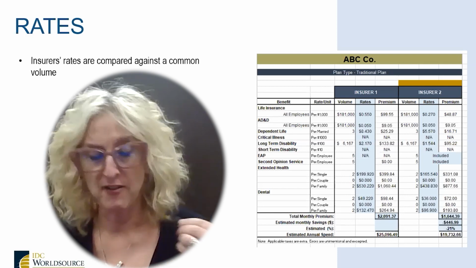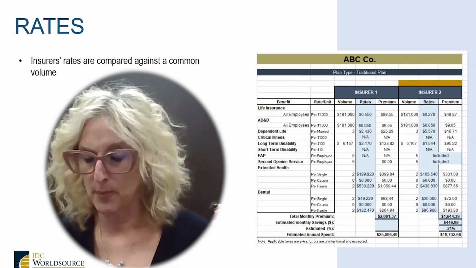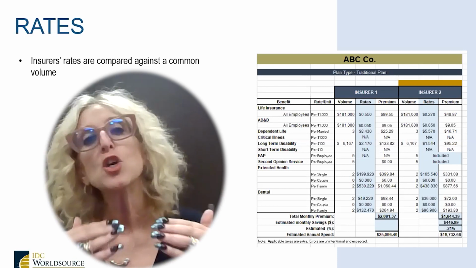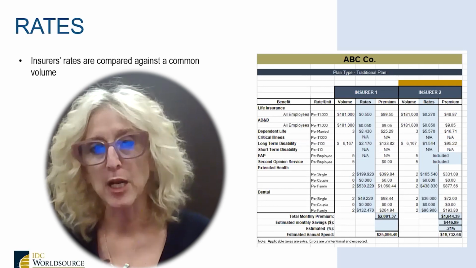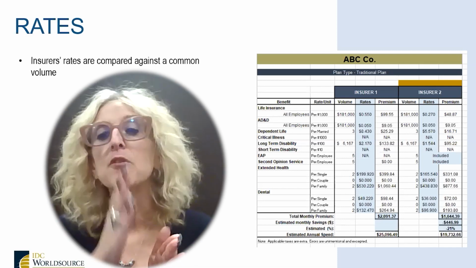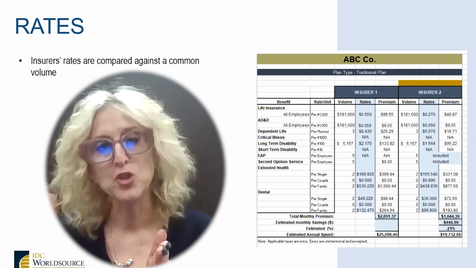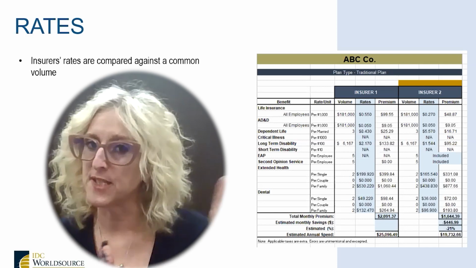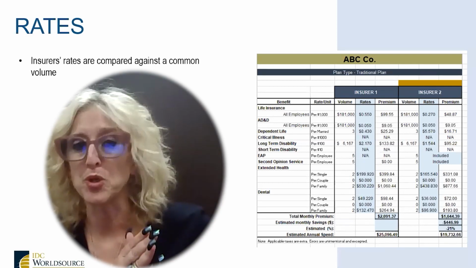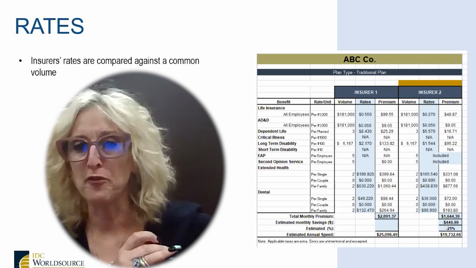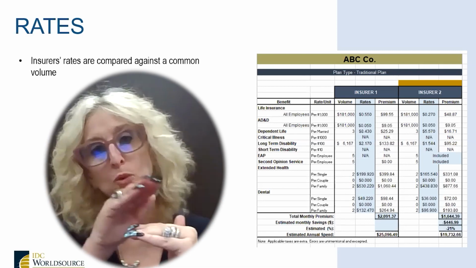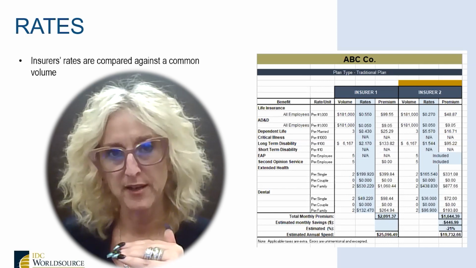We don't want to have, after 16 months, the employer in a frenzy because their renewal went through the roof. So some insurance companies take it upon themselves to work with the client for stability over a certain amount of time. They may offer a 16-month rate guarantee and no more than a 15% renewal cap after the first year, so that some of those claims can fall off or normalize through the period.